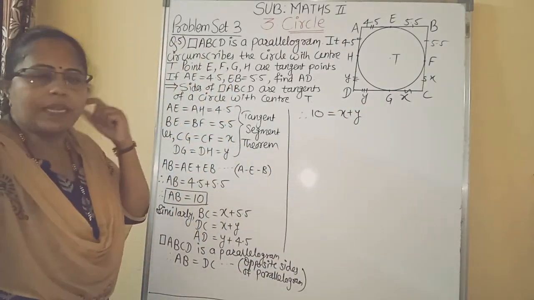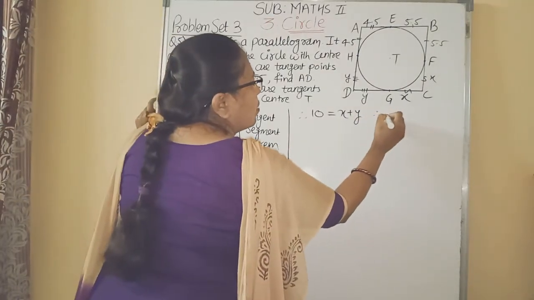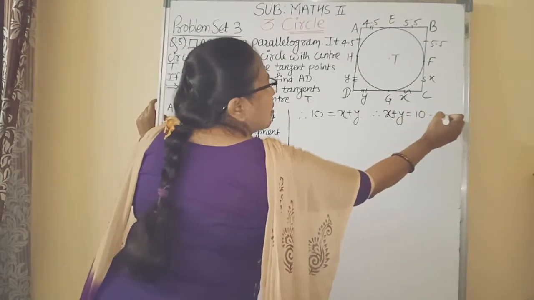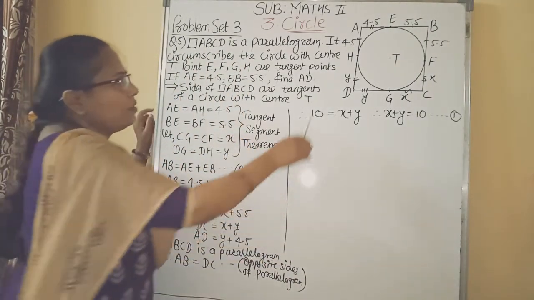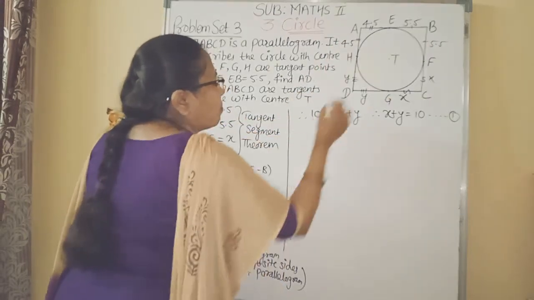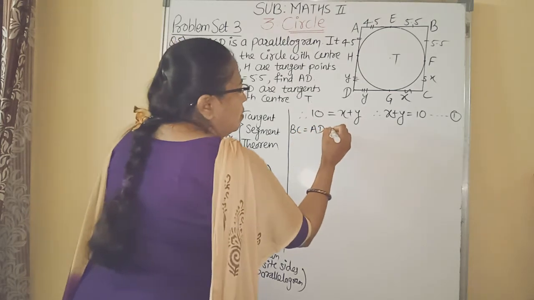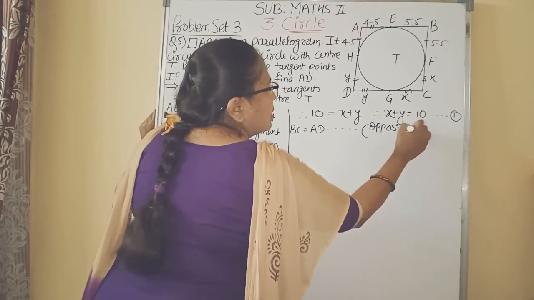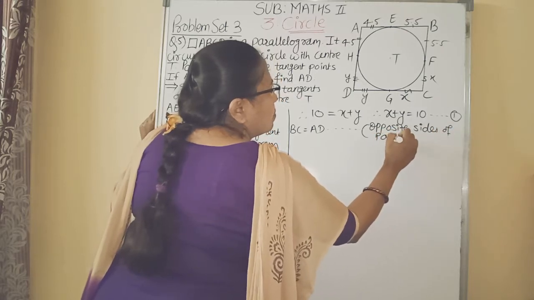So we got simple linear equations in two variables. So write it in a proper way. Therefore, x plus y is equal to 10. This is our equation number 1. Followed? Now take the next pair of opposite sides. AD is equal to BC. Reason: opposite sides of parallelogram.